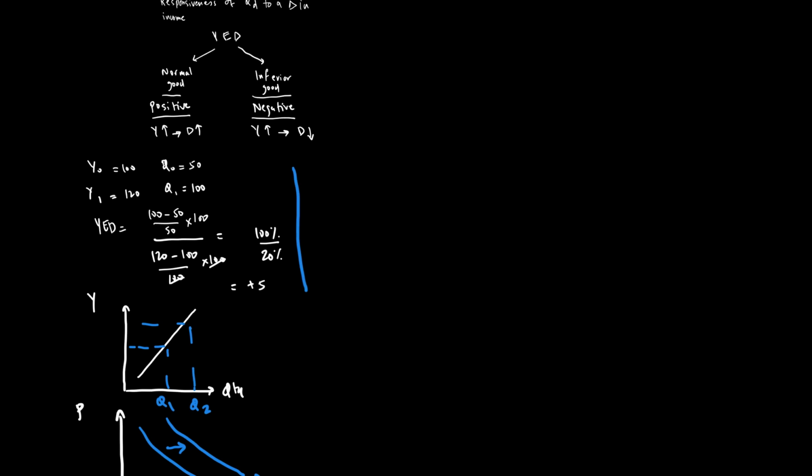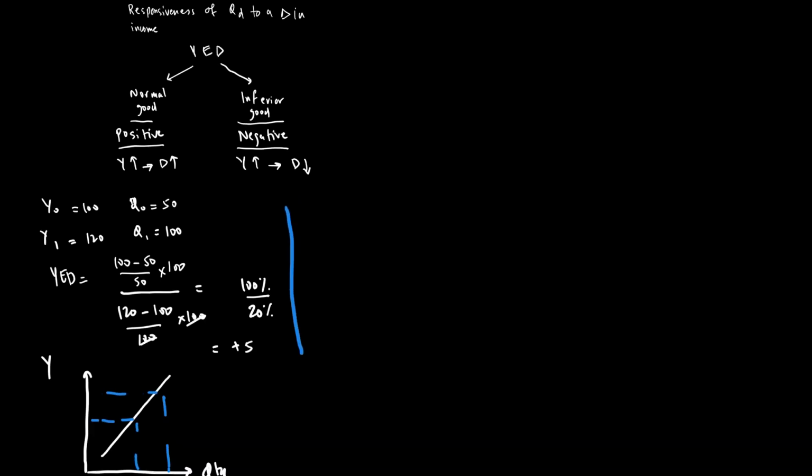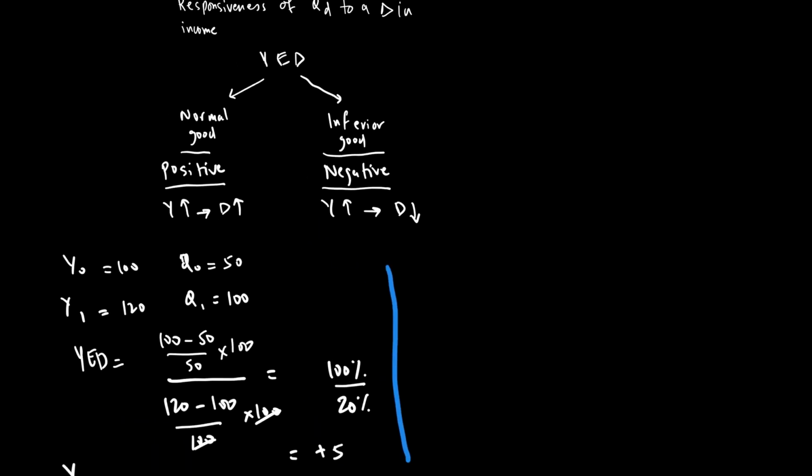Let's say my income, let me zoom in here. Let's say my income Y0 is 100, and let's say my Y1 is 120, and at the same time Q0 was, let's say, previously 20, but with the rise in income, I'm cutting down quantity to, let's say, 10.